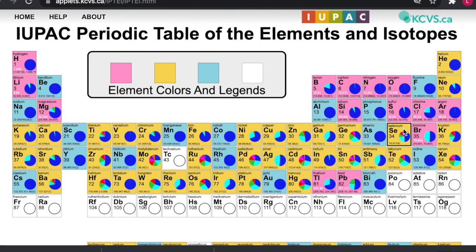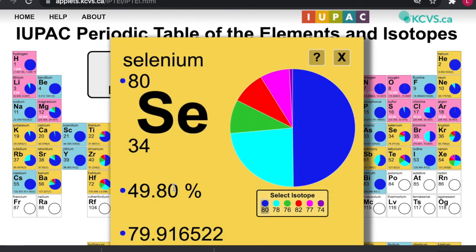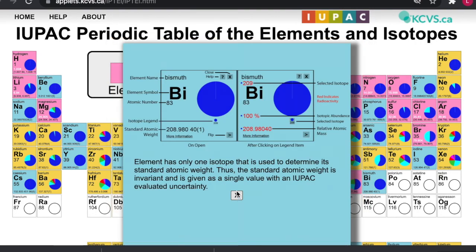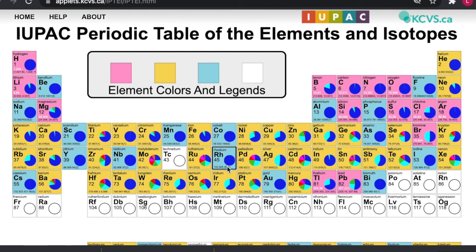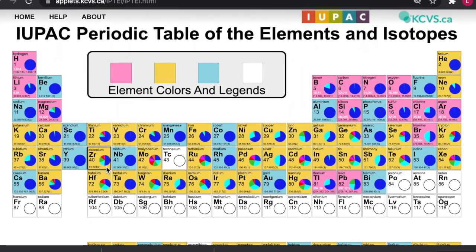There are some elements that have quite a number of different isotopes that you can take a look at and see the percentage and the atomic mass if you just click on these dots. There are a few elements, the elements with a blue background, that only have one known isotope. So you can click around here and see what is known about the isotopes of the elements here.